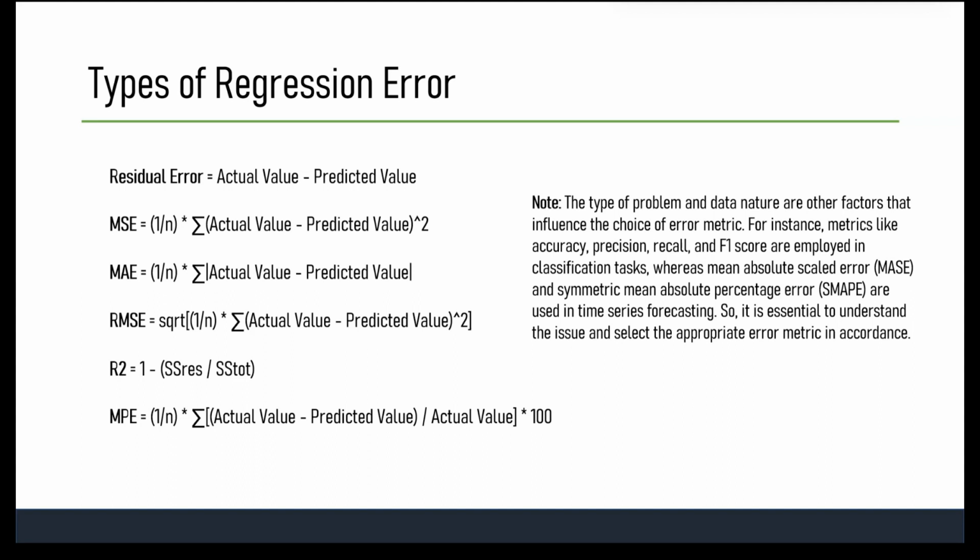So we just need to understand which one is very important for us, for the business and for the client. This is done through many brainstorming calls, and I think this will be more clear later on when we will be solving multiple problems at hand. So yeah, that's all the types of error we have in regression. Now in the next video we will be learning about goodness of fit.